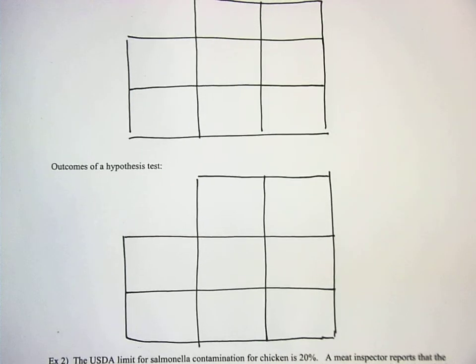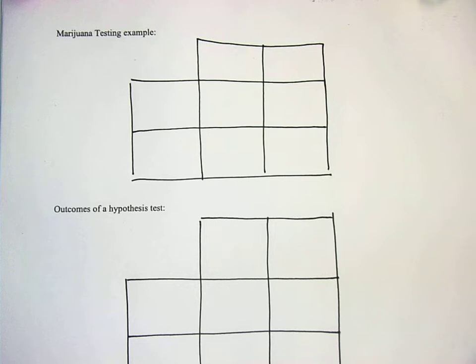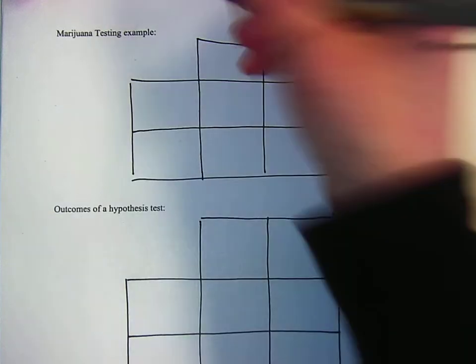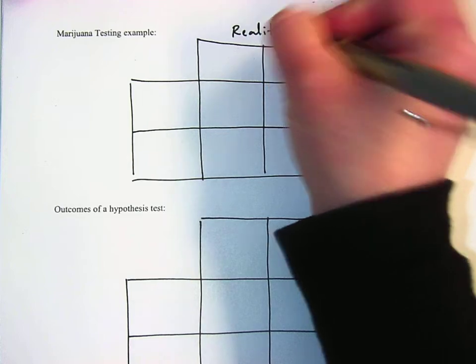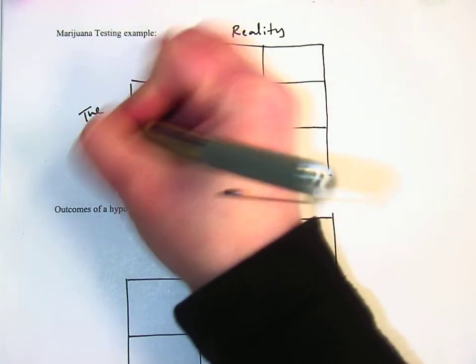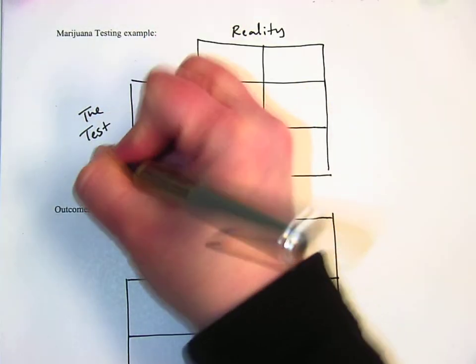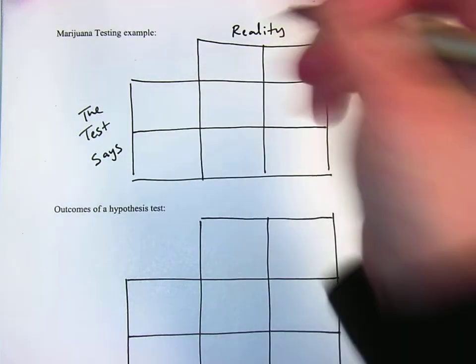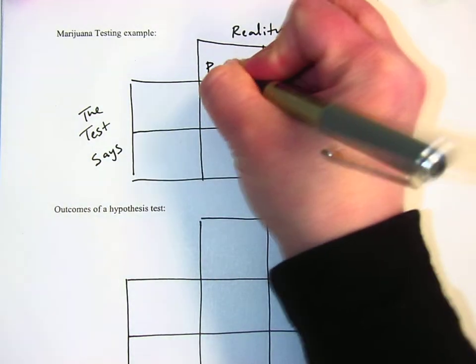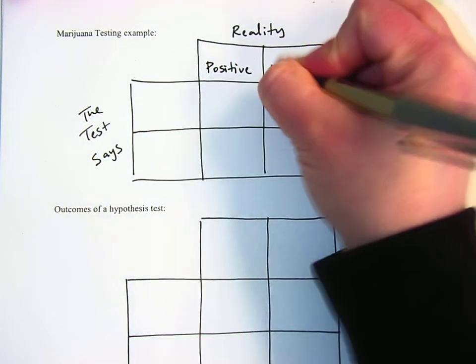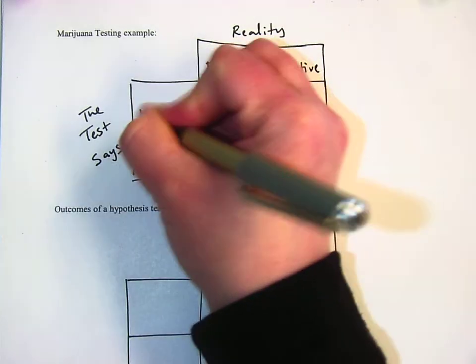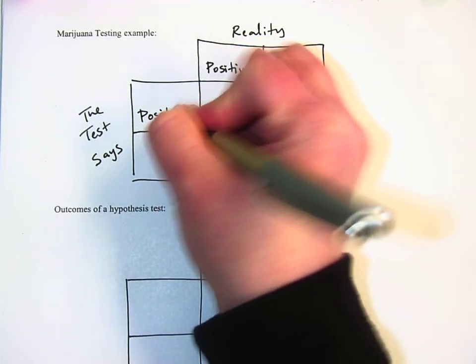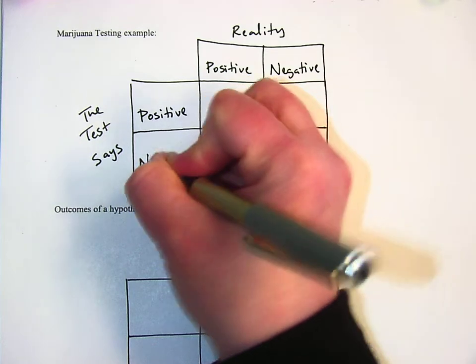Looks like this, both of them. All right, I'm going to write reality on the top here. And the test says over here, this is positive, negative, positive, negative.